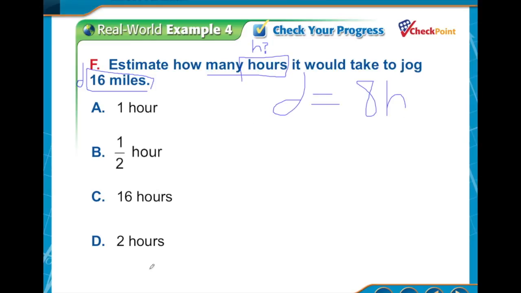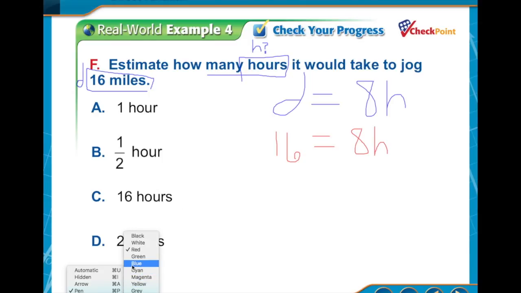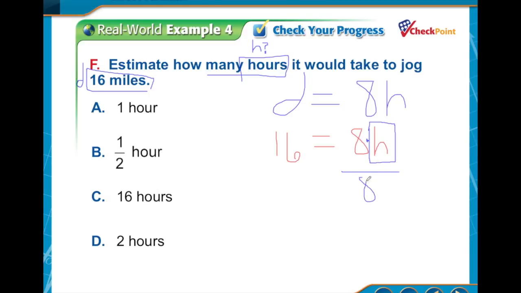We'll plug that in. Let's switch colors. 16 for D equals 8 times, we don't know how long that would take, but we can find it. So given that, there's only one thing left to do. We want H by itself. It's attached to this 8 by multiplication. So to get rid of it, we do the opposite of multiplication. So we will divide away 8. And we do it to both sides, of course.